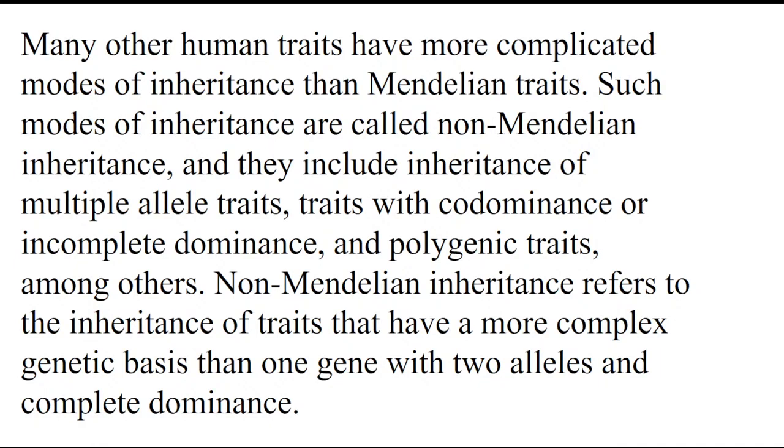For example, non-Mendelian inheritance is characterized for traits with codominance, incomplete dominance, polygenic traits, and others. So non-Mendelian inheritance refers to the inheritance of traits which have a more complex genetic basis than one gene with two alleles and complete dominance.